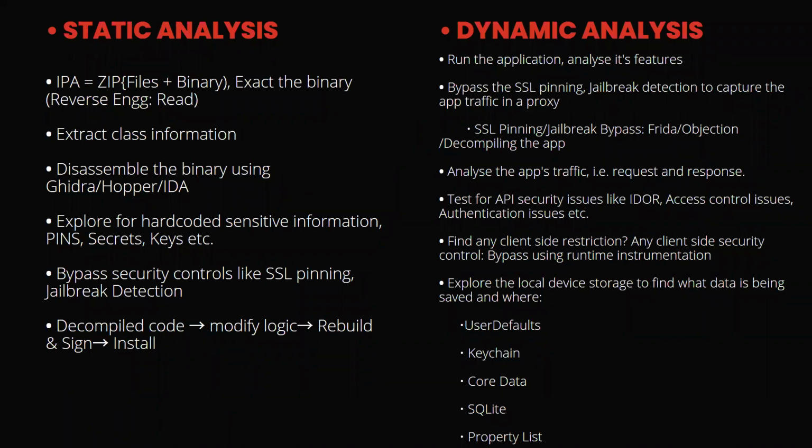Verify whether the security controls are only on the client side, or whether there is validation on the backend, such as an API server. Only when the controls are implemented on the client side can you bypass them.